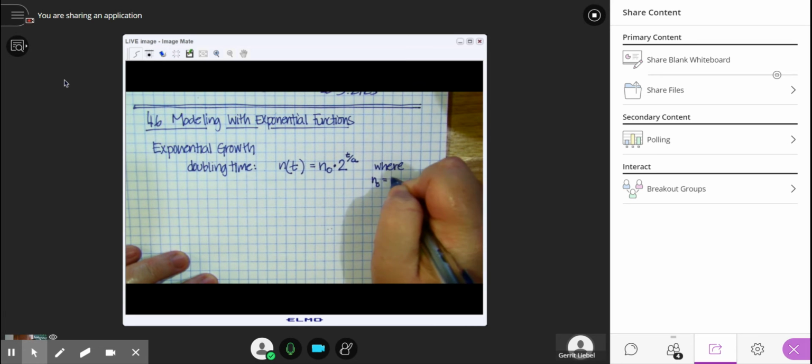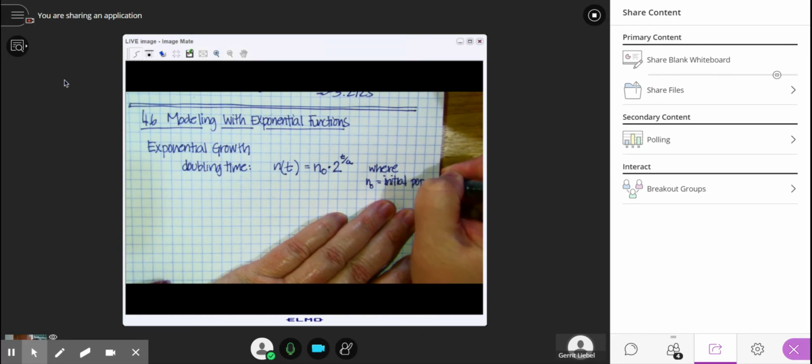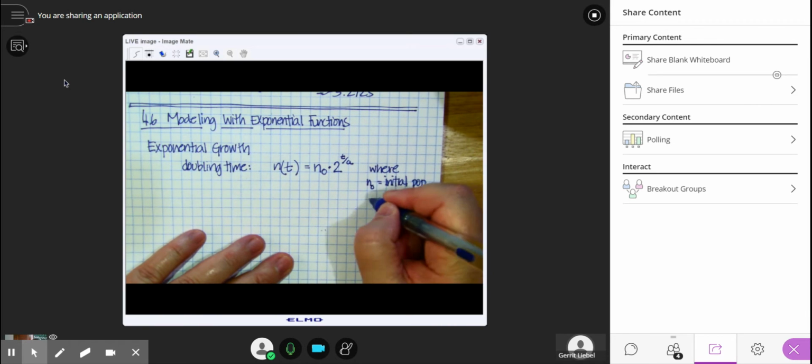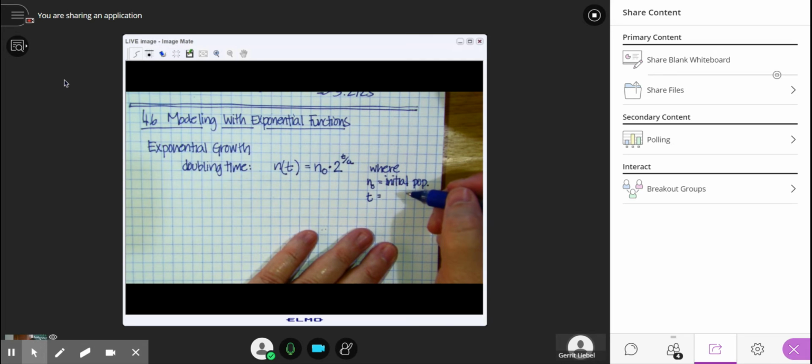N sub 0 is your initial count or initial population. t is the time. Time can be any measurement: days, months, weeks, hours, minutes. And A is your doubling time.